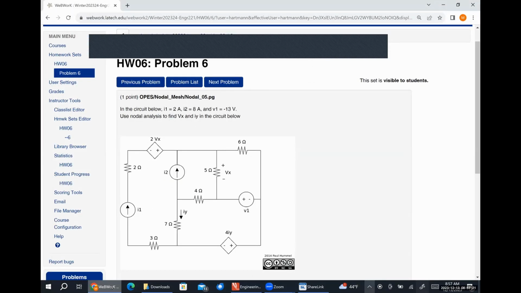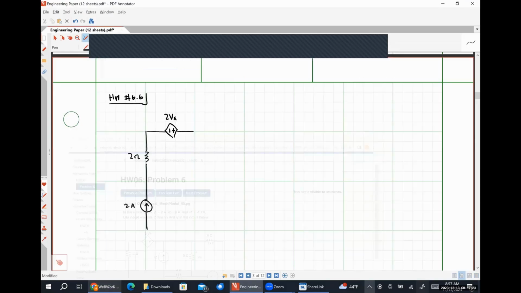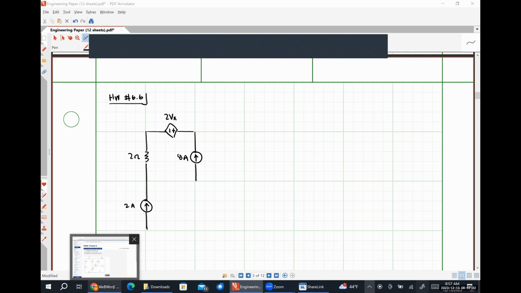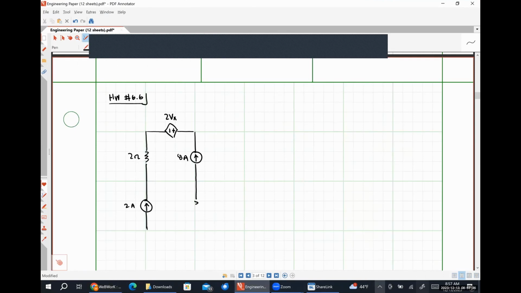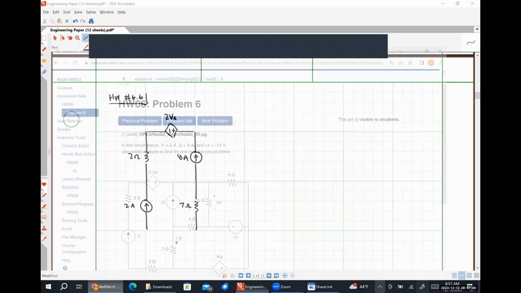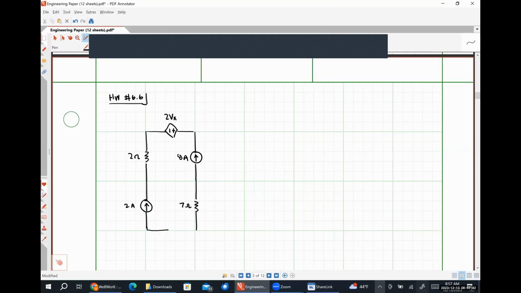I have a current source I2 direction up, so that's 8 amps up. I have a 7 ohm resistor here. Three ohm resistor down here.